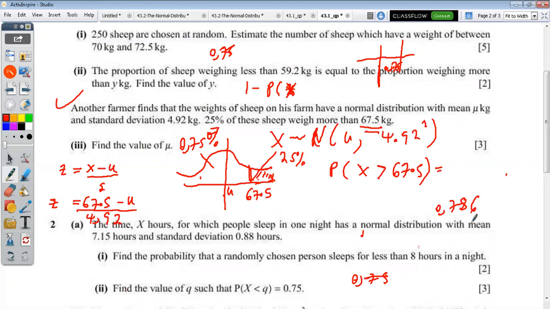Do you see the value that I'm talking about? Go to 0.6, then go across the row until you're at 6. Is it 6 or 7? I think this is 7. Yes, this is 7, sorry, whatever.